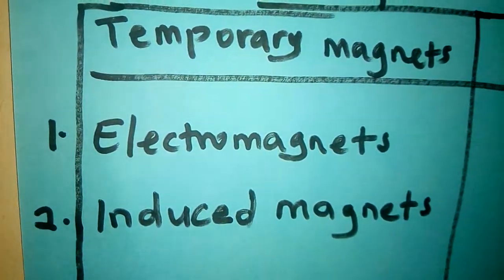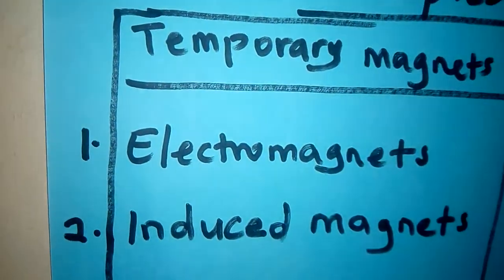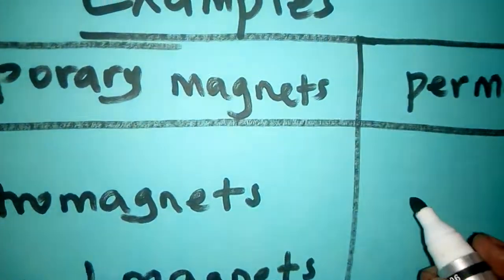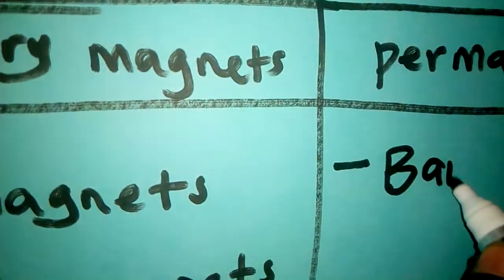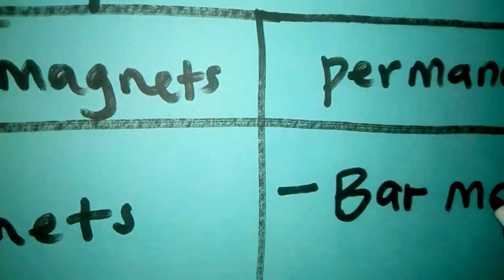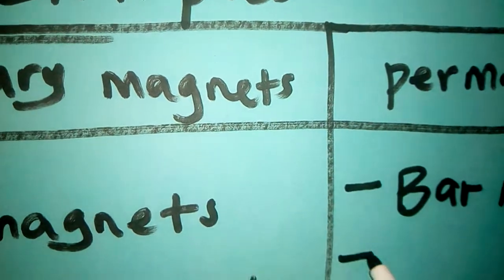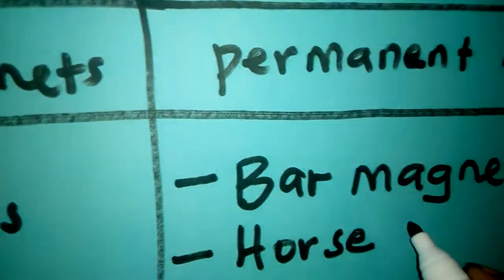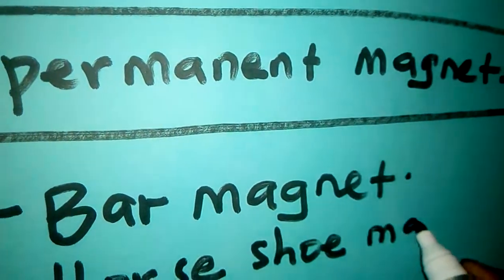These magnets keep magnetism for a very short time. But we also have examples of permanent magnets. The first one here we shall call a bar magnet. Then we have a horseshoe magnet.